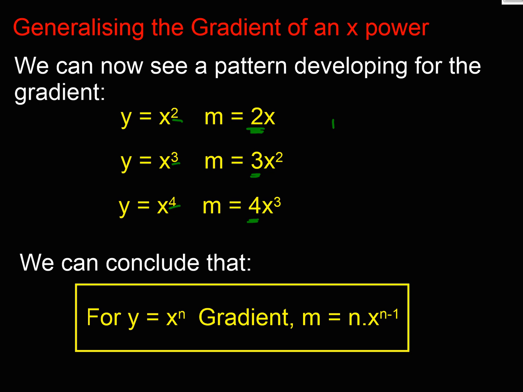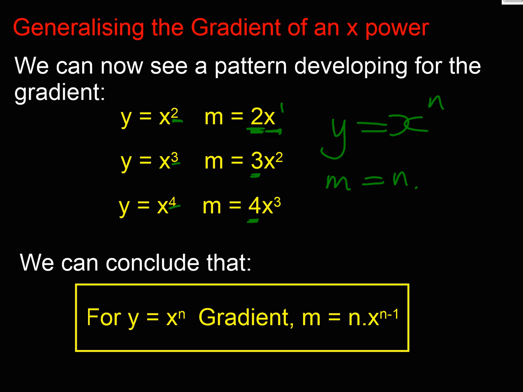So for any y equals x to the power n, then m equals, well, the coefficient is the power, isn't it? And the second thing is, what's the power of x in our gradient? Here we had a power of 2, and our gradient had a power of 1. We don't usually bother to write it, but that's got a 1 there.